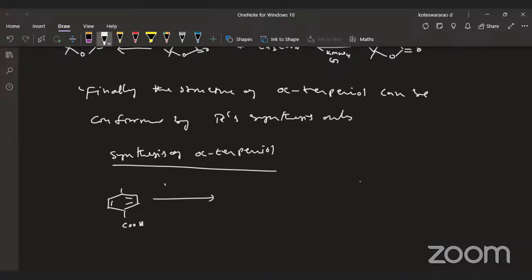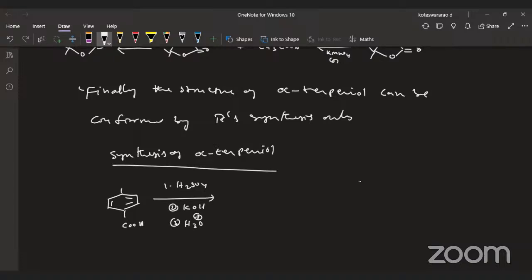1, H2SO4, and the second one, potassium hydroxide. Third one, acidified water. Then what's happening? In the first step, it undergoes sulfonation. SO3H is substituted here.